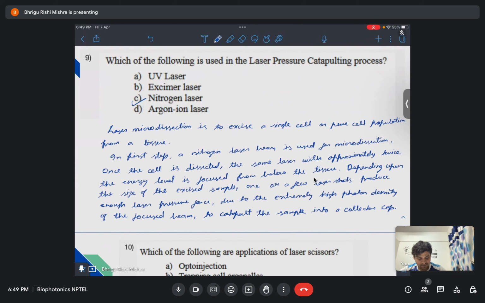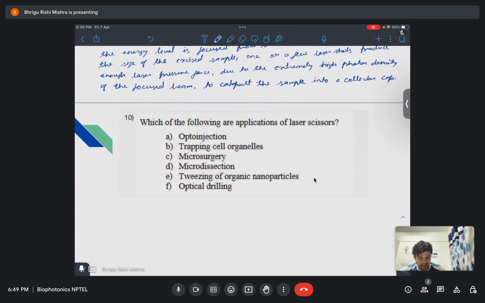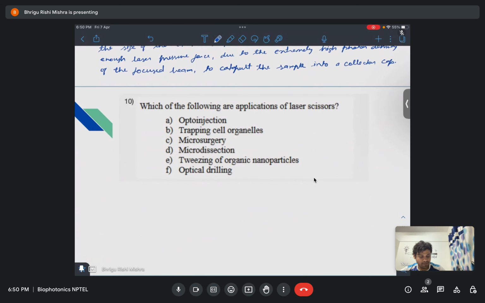Okay, so this is the process of a laser pressure catapulting, which uses nitrogen laser to catapult the tissue. Okay, so now the last question is, which of the following are applications of laser scissors? Optoinjection. So here we are injecting something, that means first we are drilling or making a passage to inject some drugs or whatever. So of course yes, A is the application of laser scissor. B, trapping cell organelles. Trapping is the application of optical tweezing or laser tweezing, not the laser scissor.